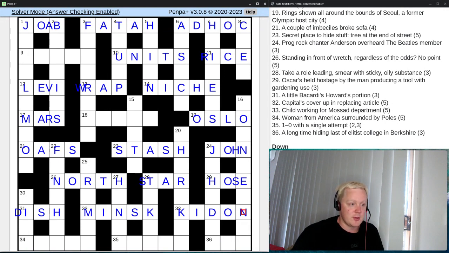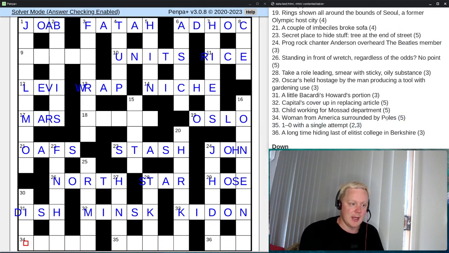And then we get to the interesting stuff, right? So 34. Remember, we still need one extra letter here. Woman from America surrounded by poles. Now, I think I've mentioned this a couple of times. If you see the word poles, especially with a capital letter, and if in a surface reading it sounds like poles, as in people from Poland, you can guarantee it's going to be the North and South Pole in the cryptic reading in the wordplay.